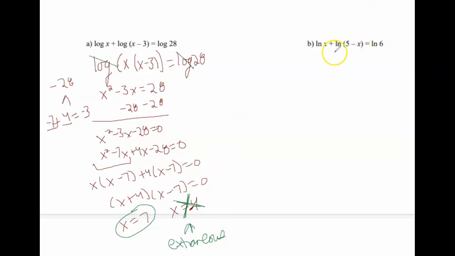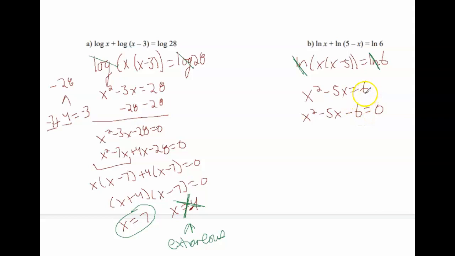We have one more problem. It has to do with E. I can condense these. I made a mistake here in how I wrote that. So that'd be x times 5 minus x.